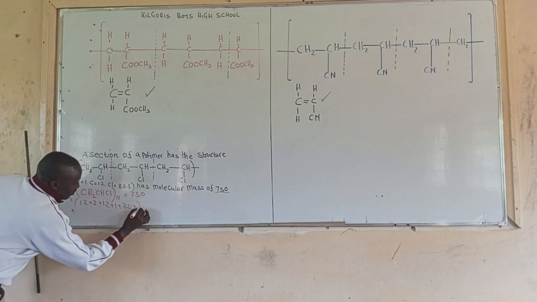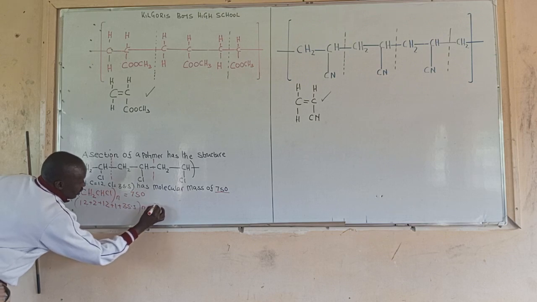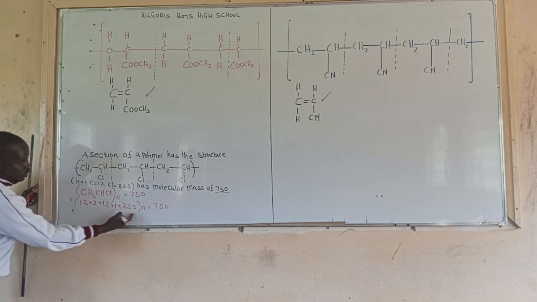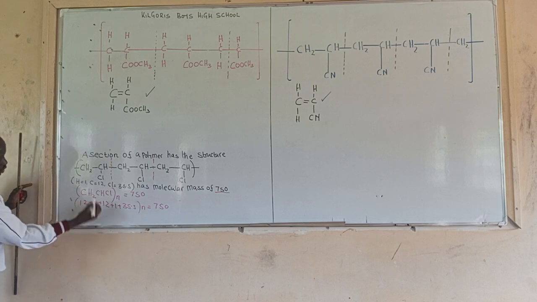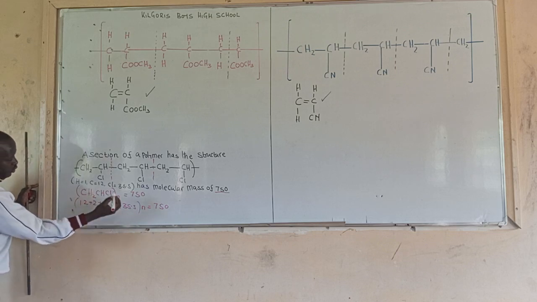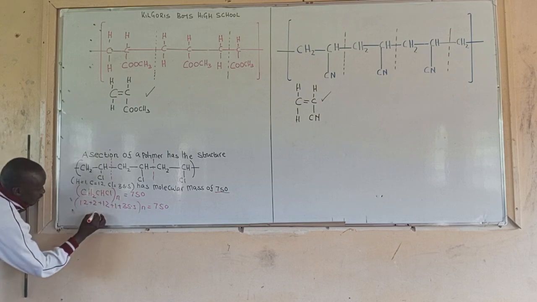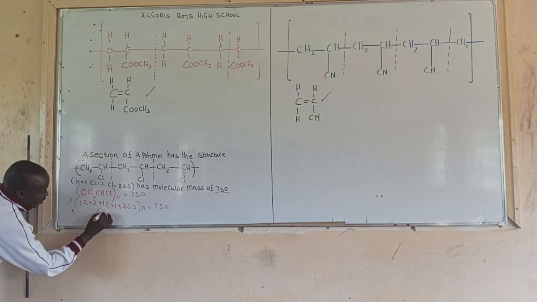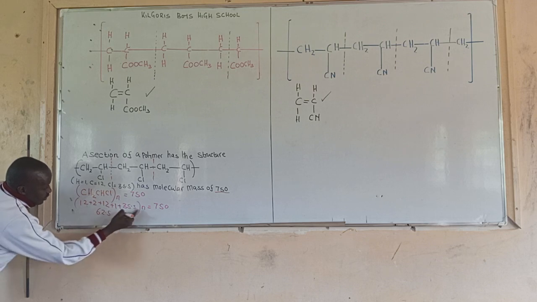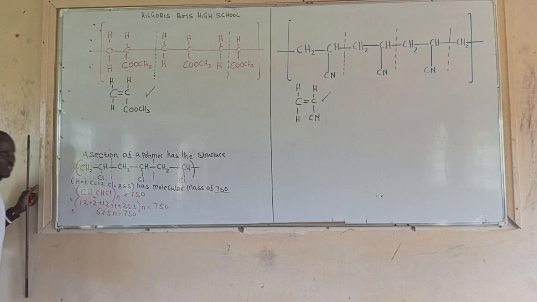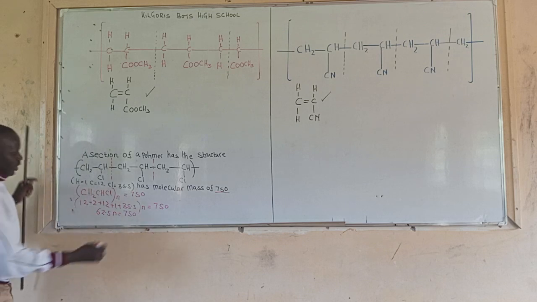When this is multiplied by n, it gives us 750. So if you add 12 plus 2 plus 12 plus 1 plus 35.5, this will give us 62.5 times n. This is equal to 750, where n is the number of monomers.